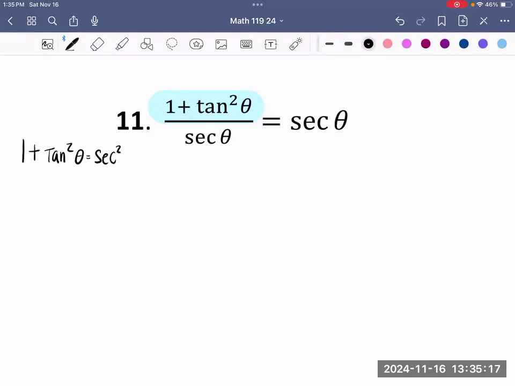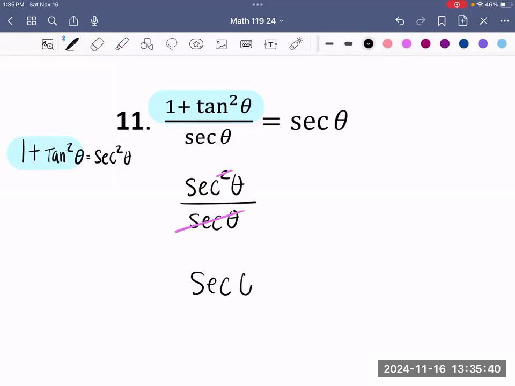Well, this is equal to secant squared of theta. And again, that comes from a different video on how we derived your trig function here. So if we have 1 plus tangent squared, this is going to be equal to secant squared of theta over secant of theta. Now you have 2 on top and 1 below, so 1 is going to cancel with the 1 below. So you're left with secant of theta is equal to secant of theta. Again, correct. Nice.